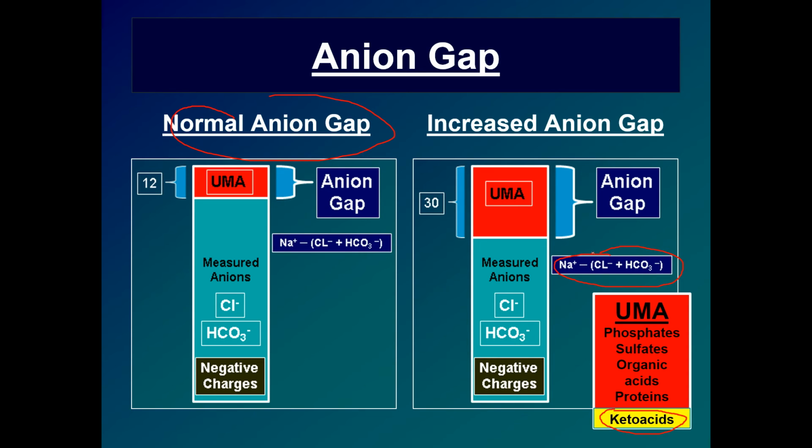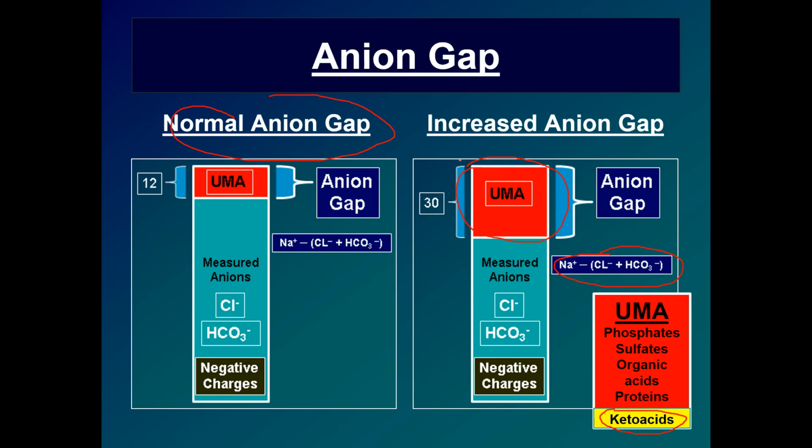So now you can see with this addition of lactic acid or keto acids into the serum that you have a much, much greater anion gap. And when you have an increased anion gap, that is significant for what we call an increased anion gap metabolic acidosis.